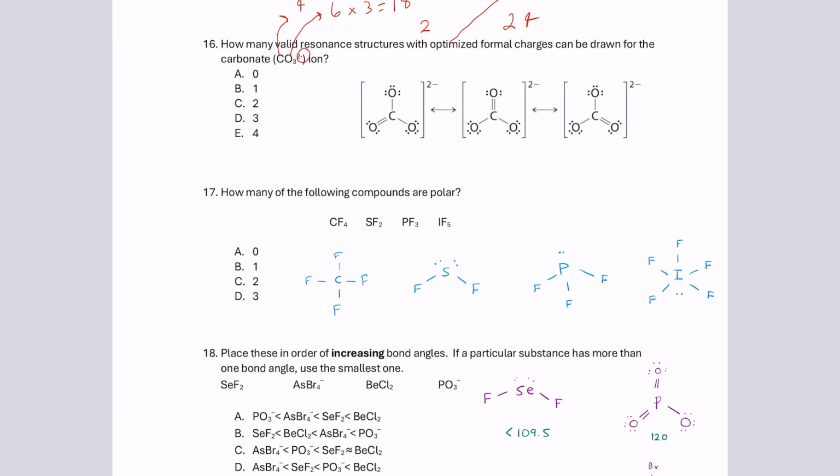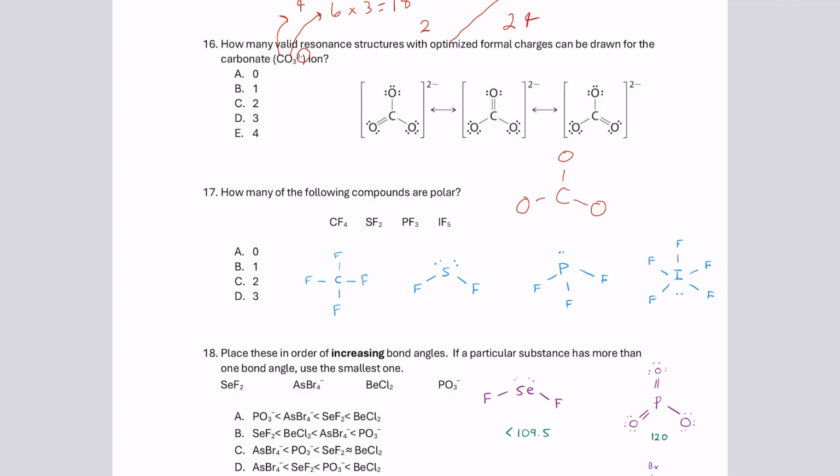Then, to construct the Lewis structures, we want to place carbon in the center since it's less electronegative than oxygen. And then we'll have the 3 oxygen atoms surround the central carbon. Then we'll form single bonds between each oxygen and the central carbon. This accounts for 6 out of our 24 valence electrons.